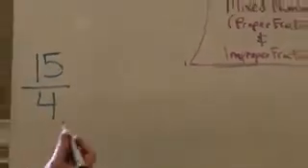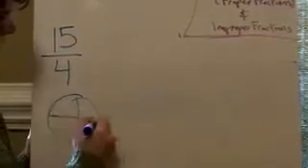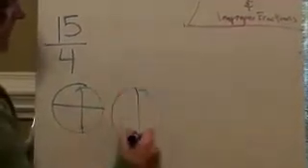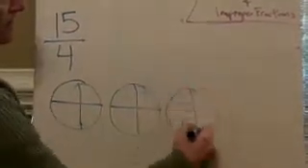Just to make sure we've got it, let's do one more. Let's say you have 15 fourths. Okay? By pictures, I would keep drawing fourths until I get 15 of them. Let's see what I'm up to so far. 1, 2, 3, 4, 5, 6, 7, 8, 9, 10, 11, 12.